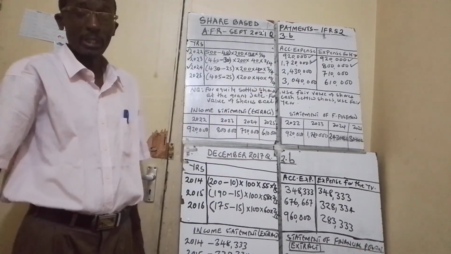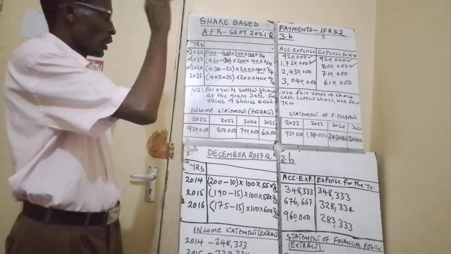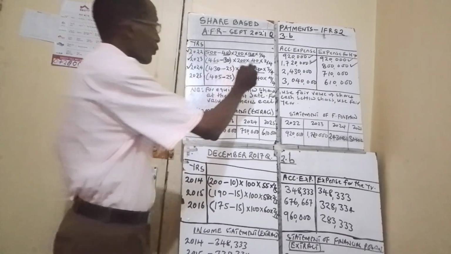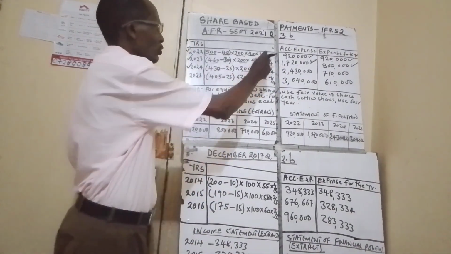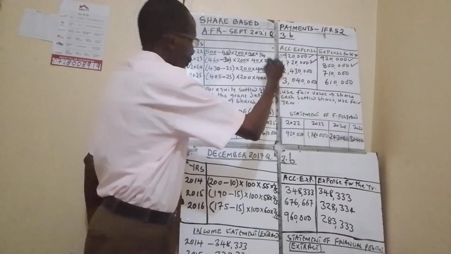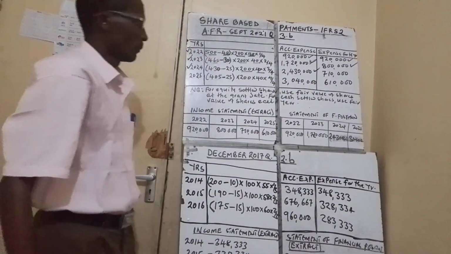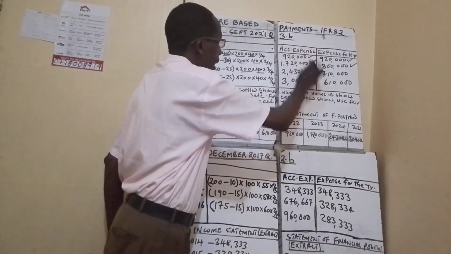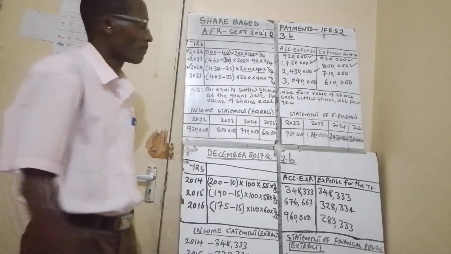We say 40 is the price as at the grant date, because this is an equity-settled share. 40 times 3 over 4, because we are in the third year. If you multiply this, you get 2,430,000. This is the accrued expense for the year 2024, the third year.